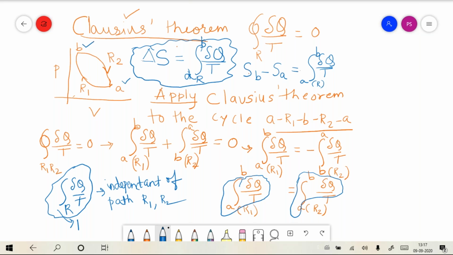If your responses are not coming, maybe there are some net issues. I will quickly revise this, and then move to the next part of the proof. Okay, all of you are saying yes. Omkar is saying yes. Om Patel is saying yes.